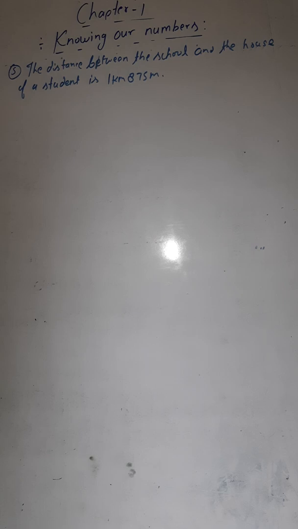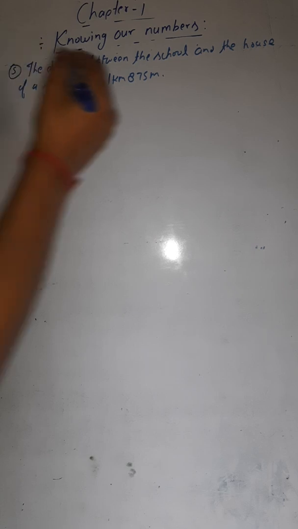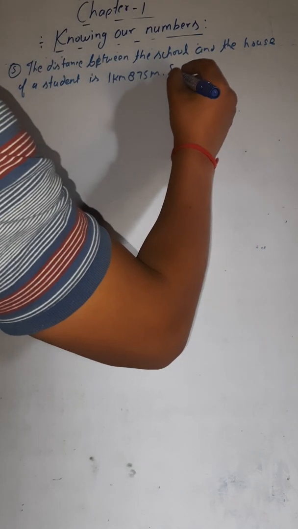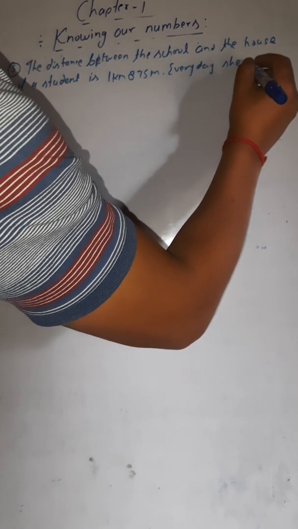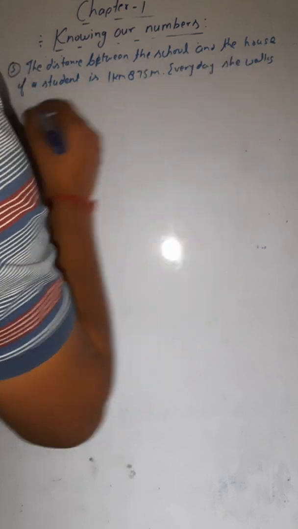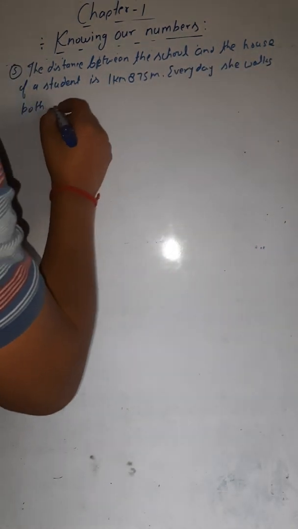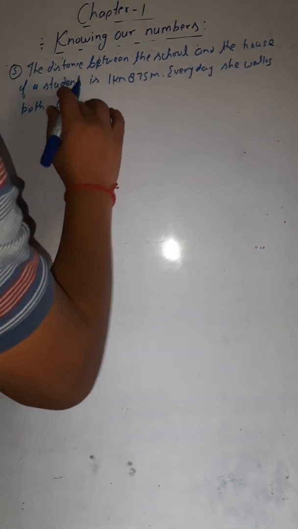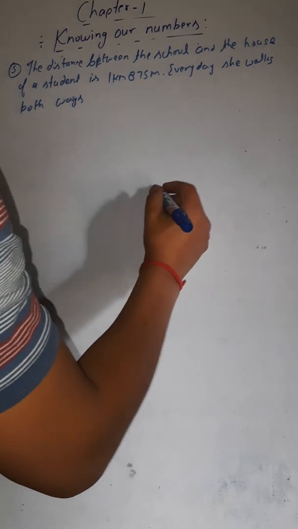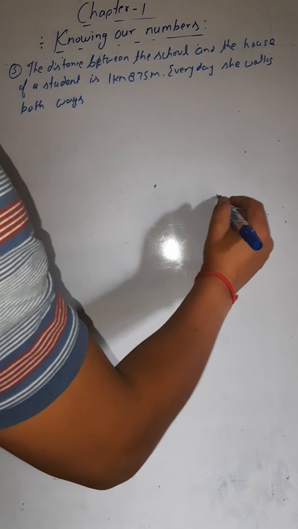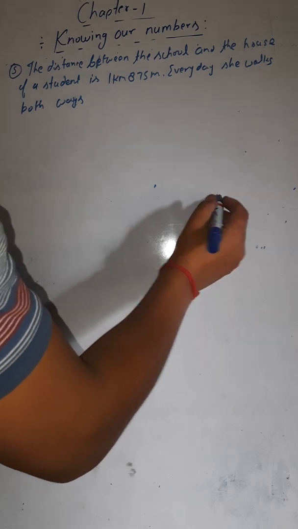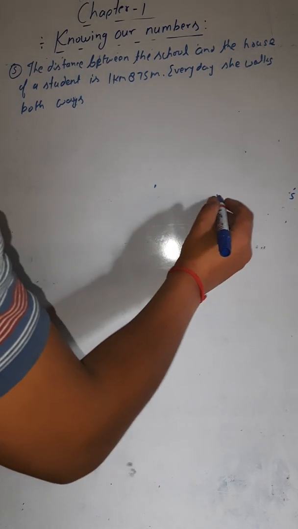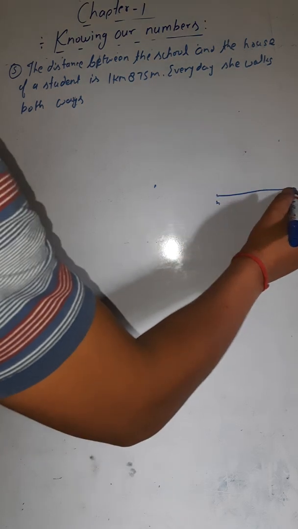Every day she walks both ways. Both ways means, let's say here is the school and here is the house. First she will go from house to school, then again she will come back.